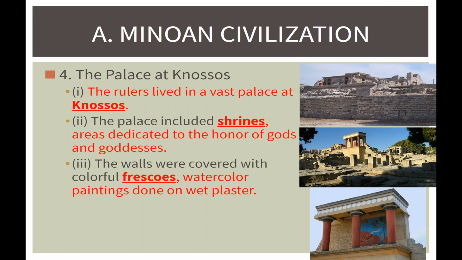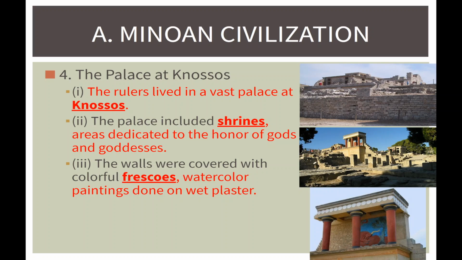The walls were covered with these beautiful frescoes and watercolor paints, which tells us again that this was not just some struggling civilization. This had to have been a thriving civilization. Anytime you have a civilization that is dedicating time, resources, energy, labor to preserving historical things through paint, you know that the civilization cannot be too bad off, because how could they afford it?